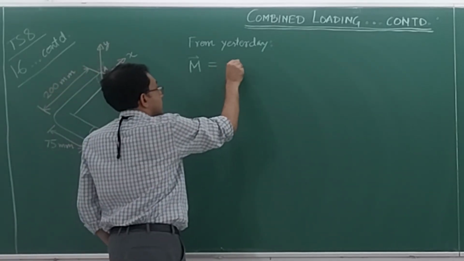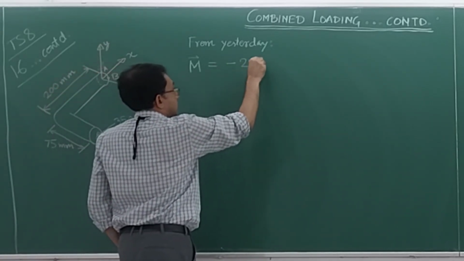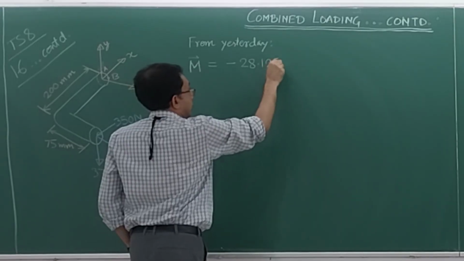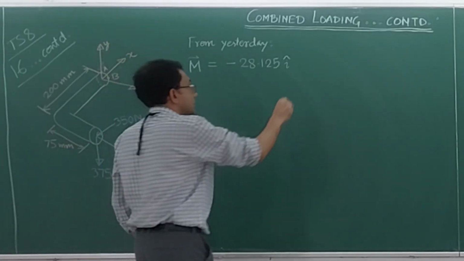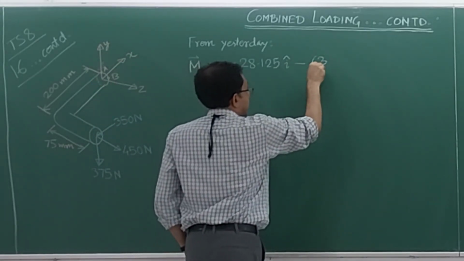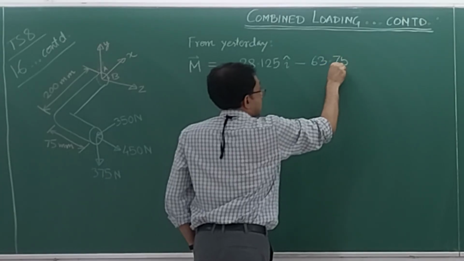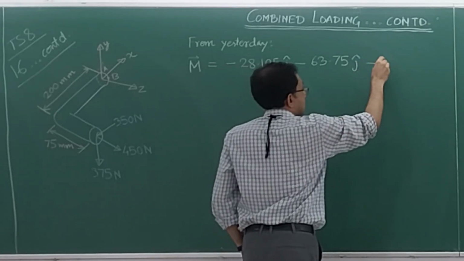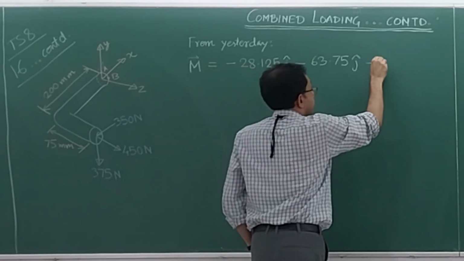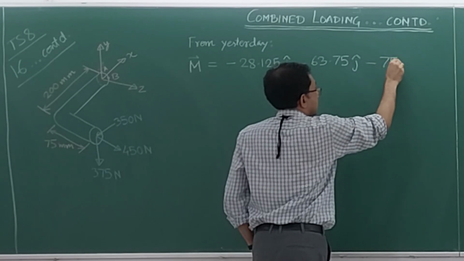Minus 28.125 i hat. Minus 63.75 j hat. All minus. Only 75.